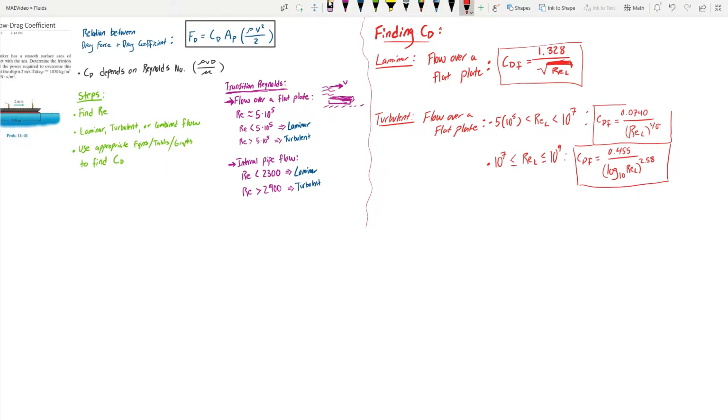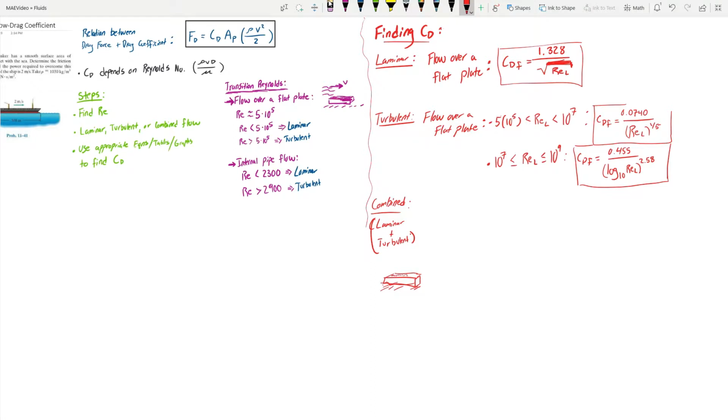And finally, if it's combined, so if it's laminar and turbulent, or if it's laminar and then after a certain distance it becomes turbulent. So if you have a plate here, let's say you have friction on the top of the plate and the bottom.